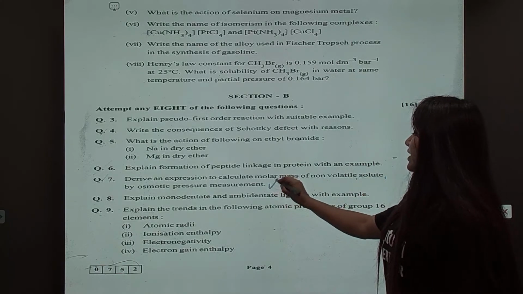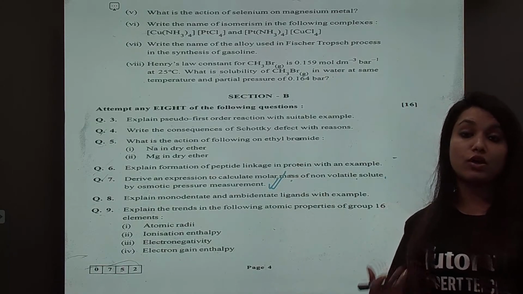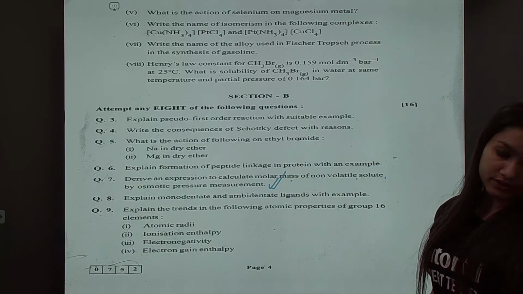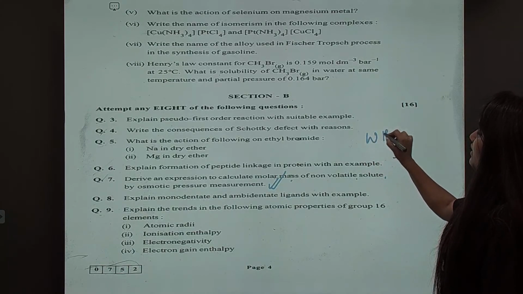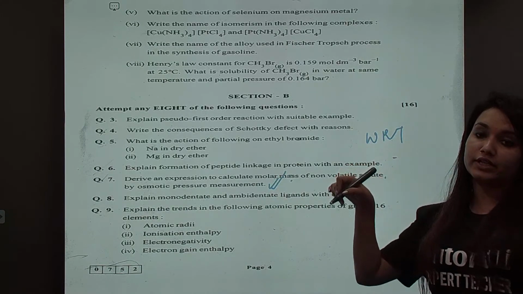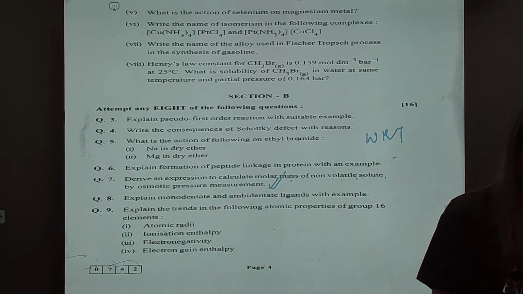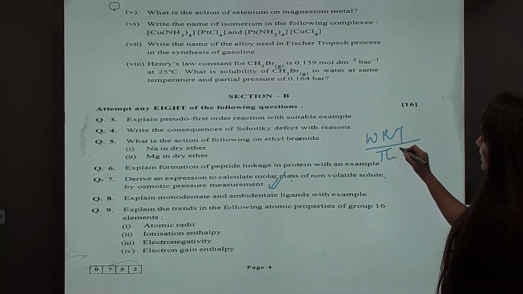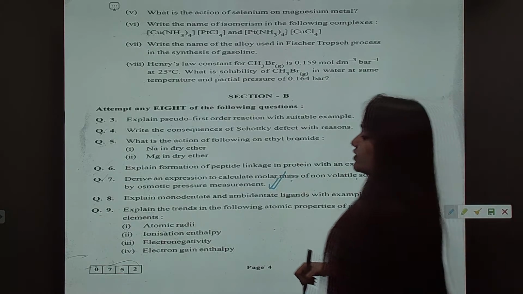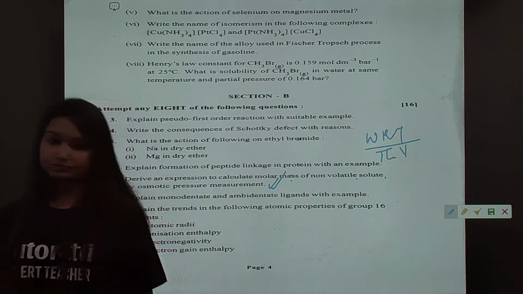The derivation that we were supposed to do here was M = WRT upon, since we are talking about osmotic pressure, πV. So this was the expression that you were supposed to derive.